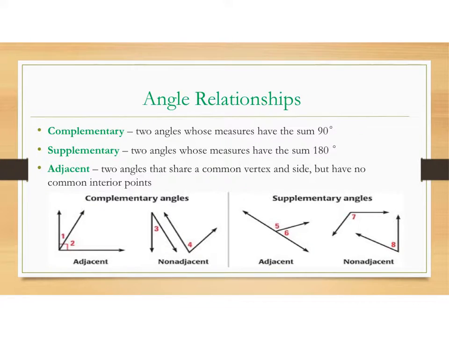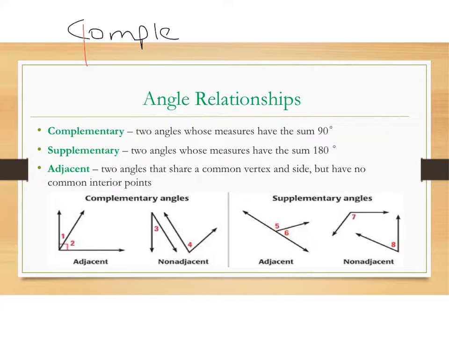One little trick that sometimes I would do is remember that the letter C comes before the letter S in the alphabet. So 90 is less than 180 and it would come first. Another little thing that you could do is take the word complementary. If I were to take the CO from complementary, I'll just begin to write the word, I could turn that into a 90.